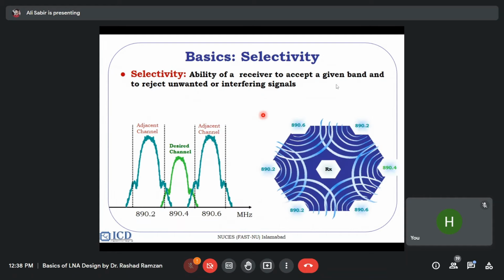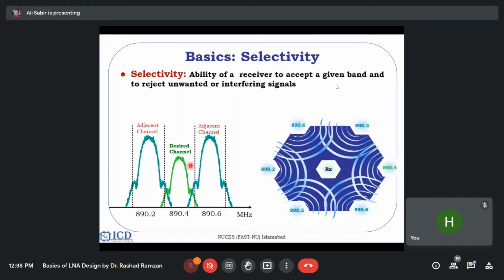The next thing is the selectivity. We have a number of channels in all the standards. Selectivity is the ability of the receiver to accept a given band and reject the unwanted interfering signals. All the bands which are not desired in the radio are called interferers.